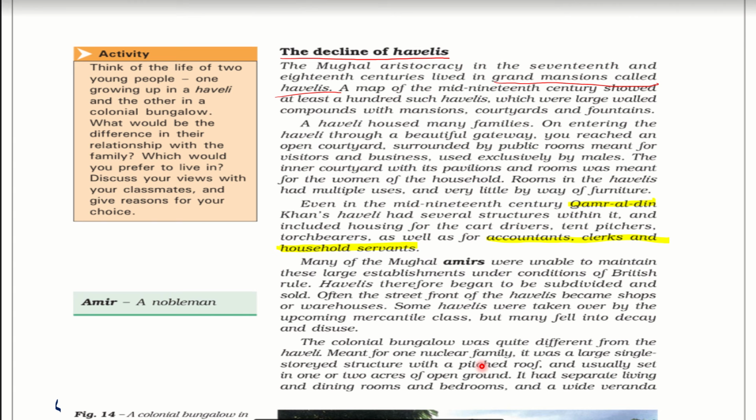Why? Because the British were looting, and people had to pay a lot of taxes, so they were not even able to maintain their havelis. That is why havelis were subdivided and sold. Now what is the next thing here?